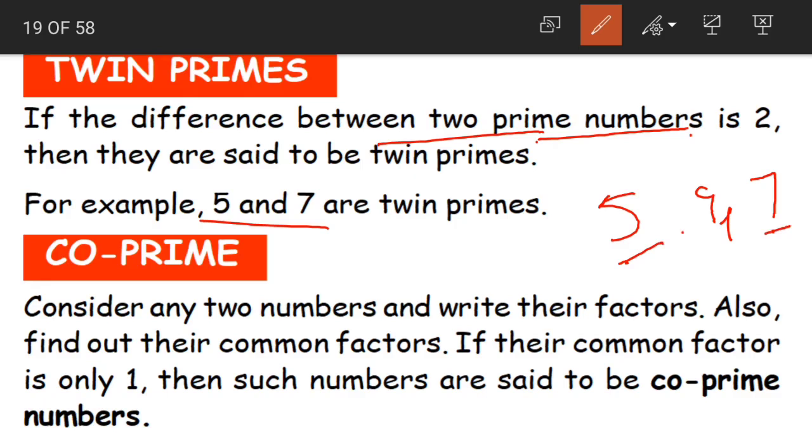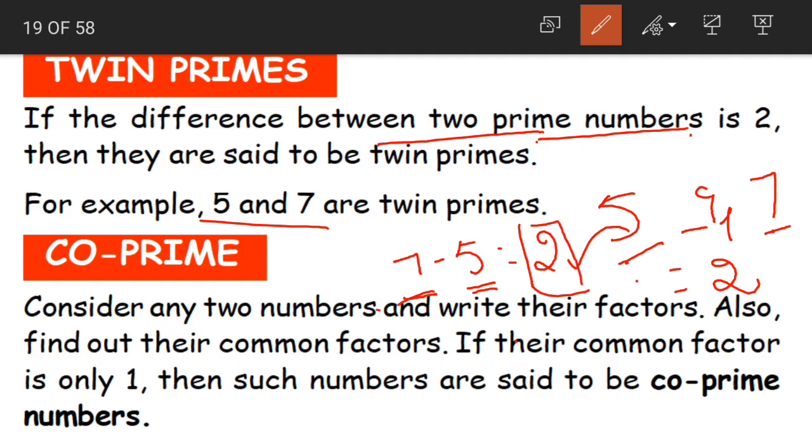Yes, 5 and 7 both are prime numbers. And their difference should be equal to 2. 7 minus 5 is equal to 2. These two are prime numbers, and as the difference between them is 2, they are called twin primes.